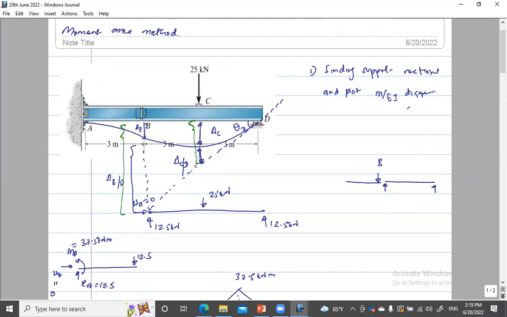So delta C is not the maximum deflection. Maximum deflection is between B and C, because the slope is in the counterclockwise direction at C. So that means it was clockwise, then 0, and then going up. So that's why we need to be very cautious.